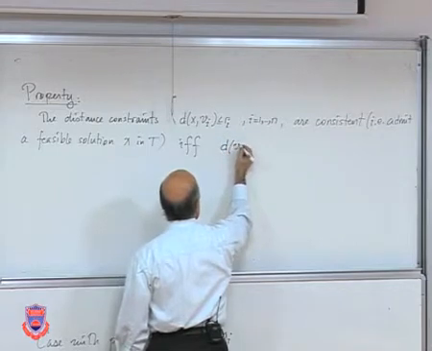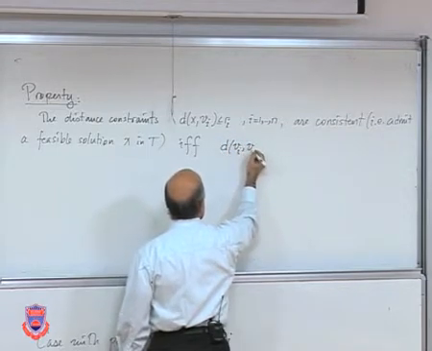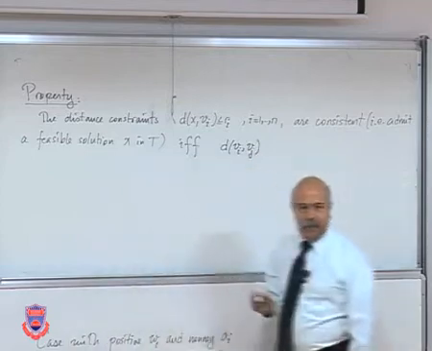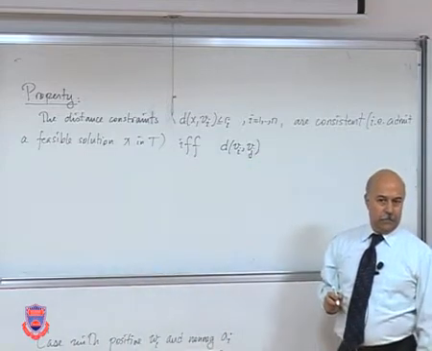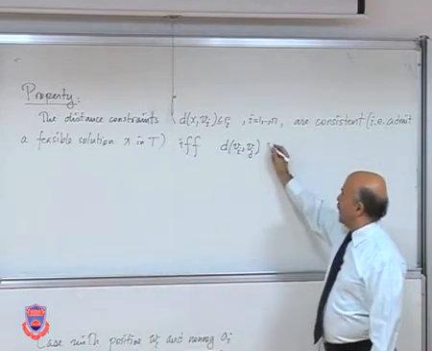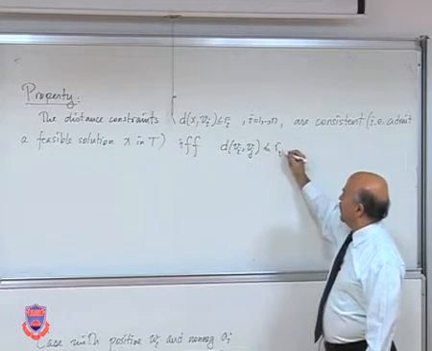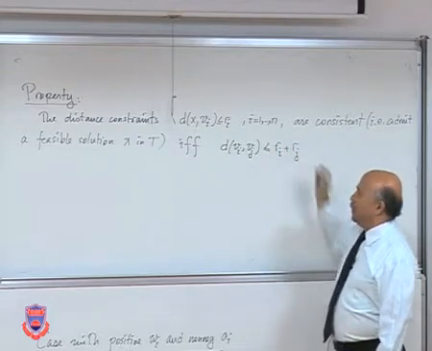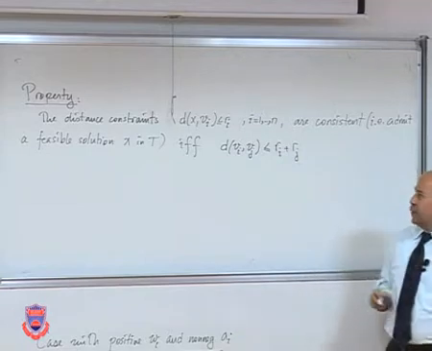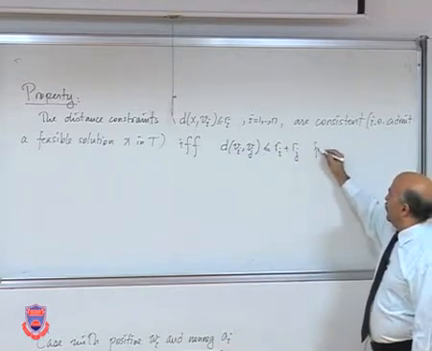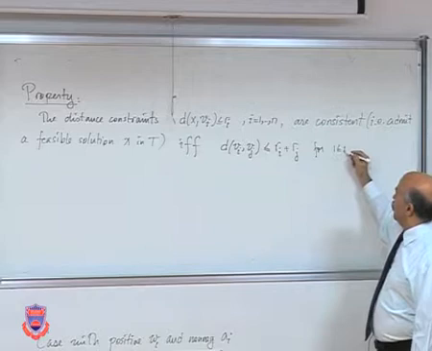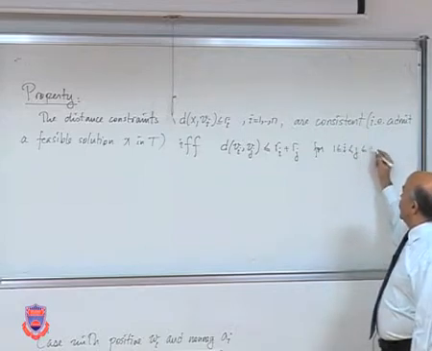The distance between any pair of vertices Vi and Vj should be less than or equal to the sum of the radii associated with those vertices. This should be true for every i, j pair.